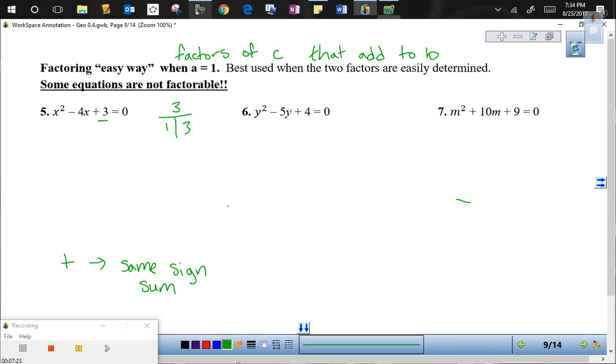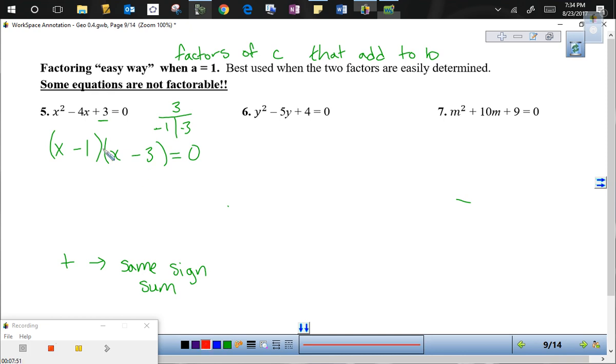And in this case, we're looking at a negative. That tells us that I don't want the 2 positive ones, I want the 2 negative ones. So x and x go in my first one because x times x is x squared, and then those 2 factors go in my second slot, so -1, -3, in whatever order you want. It's okay if you switch those around.